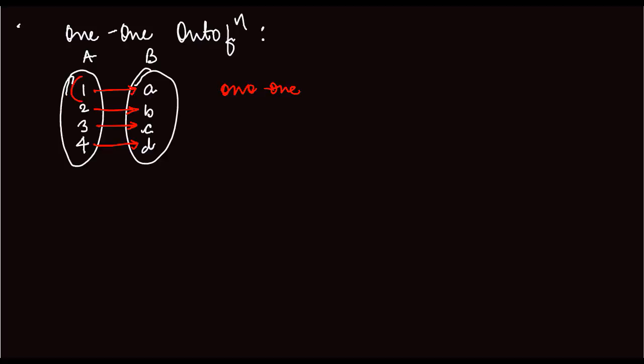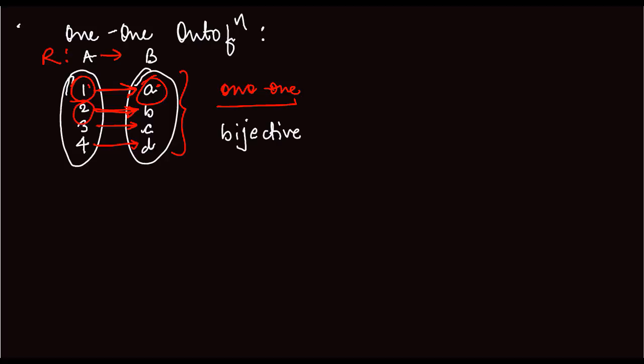Because every element is related to another element, and one element is related to exactly one element. The position doesn't matter, but it is related to only one element, not two elements. So this is 1-1 onto. Why onto? Because nothing is left in set B, because the relation is from A to B. That's why this is a 1-1 onto function. One other name for this is bijective.